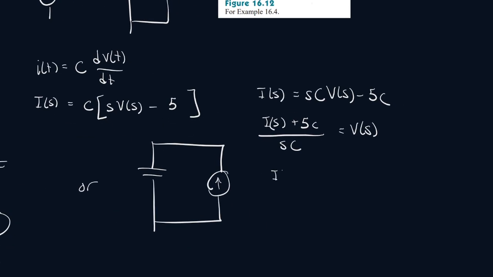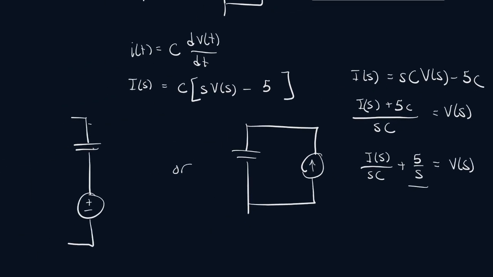So this is I of s over sC, and sorry, it's plus 5 over s, and that's equal to Vs. So this is going to be representing the voltage here, 5 over s.